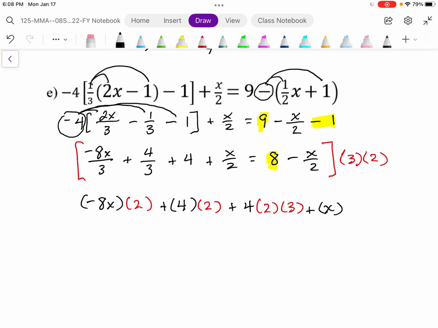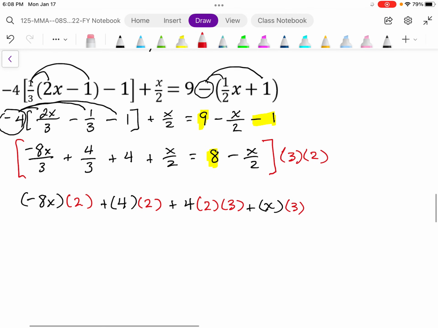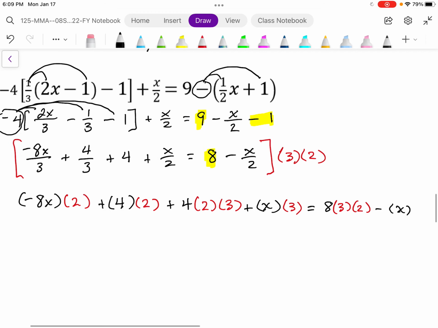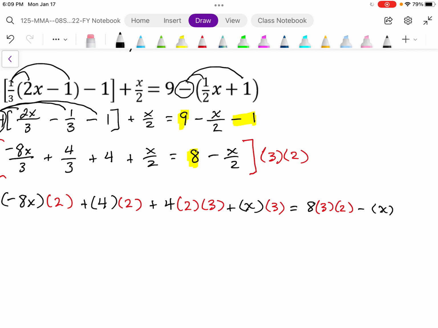Times 2 divide 2 cancel, so there's still a times by 3 that's left over here. Okay, so equals 8. Nothing cancels, so it's times 3 times 2, minus. The times 2 divide 2 cancel, so I'm left with a times 3 factor here. So times 3.